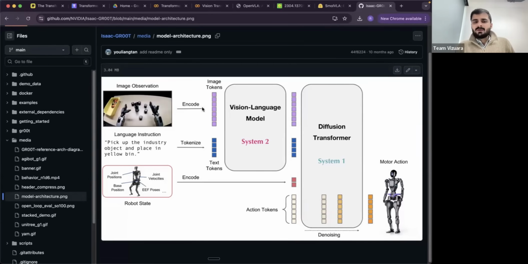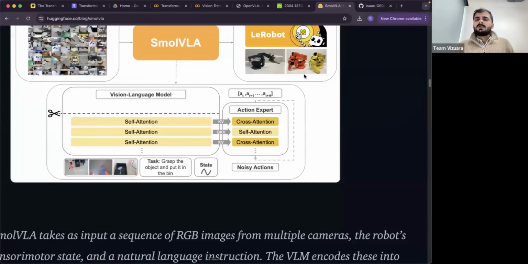Now we understand the meaning of this word encoder, but what about this transformer? And there is another word, diffusion, over here. There is a vision language model. So there is a common language being spoken in all of these different architectures, which people who land in these places for the first time would get intimidated by. But there is something which is very common across all these four architectures, which I showed you very quickly.